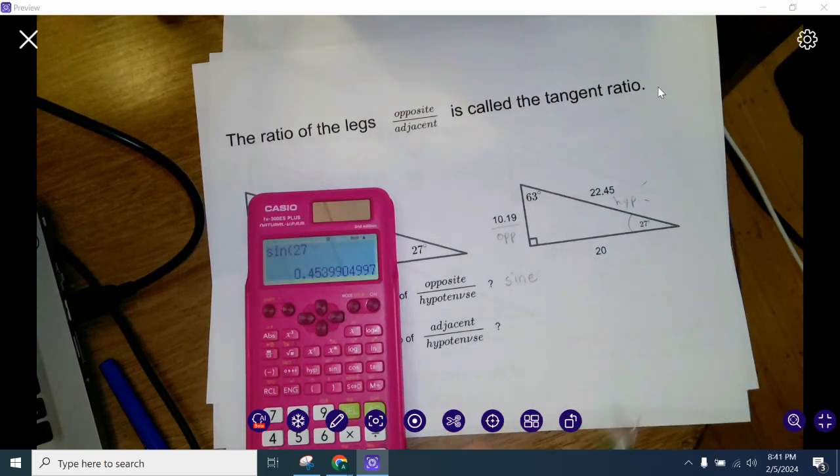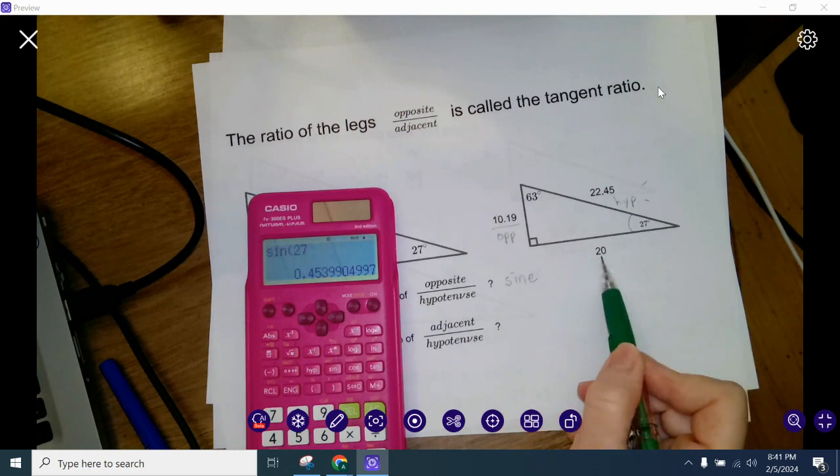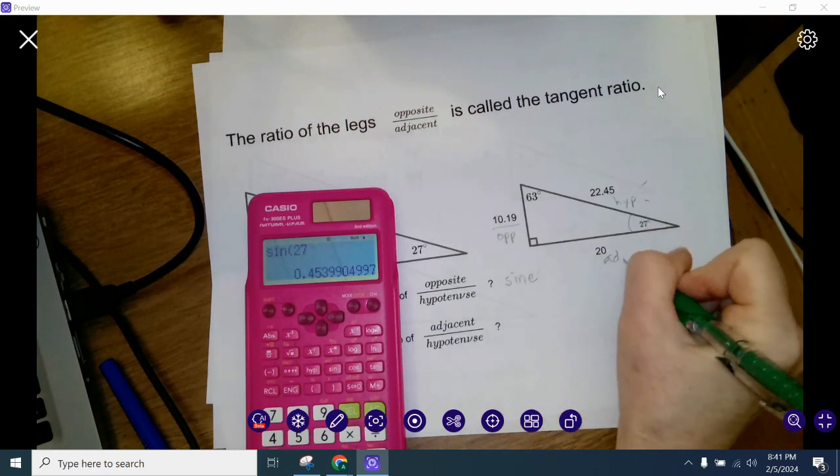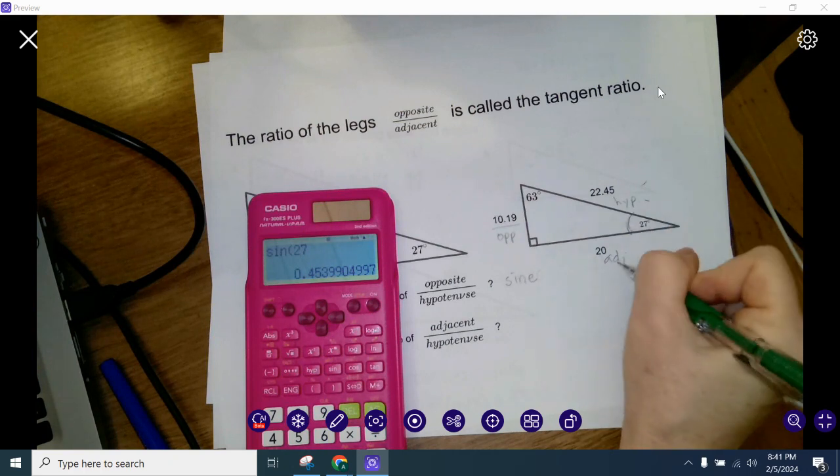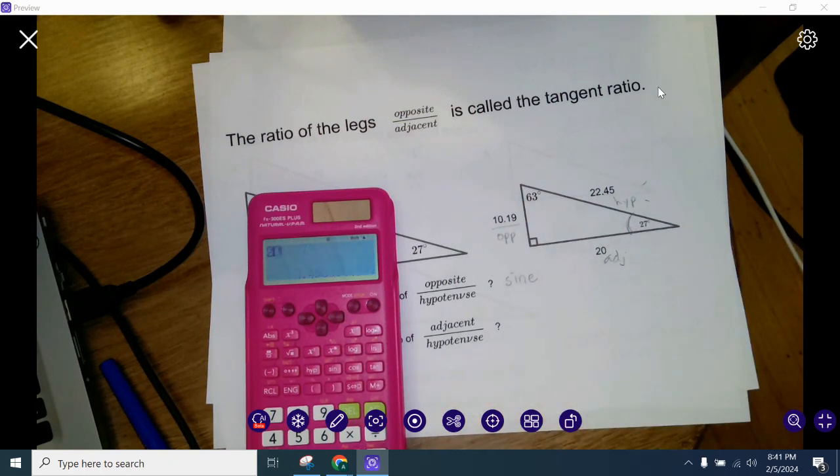So you could probably guess that the COS button is going to be the one that's the adjacent over the hypotenuse. So we can just check it out. If I do 20, here's my adjacent to the 27, 20 divided by 22.45, I get 0.89. And I think we saw that before, right?